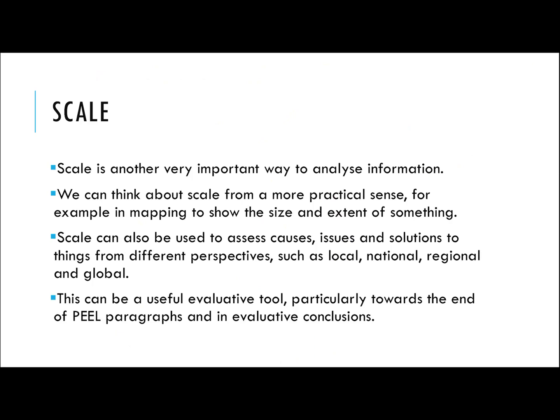But scale can also be used to assess the causes, issues and solutions to particular activities from a different perspective. So you can look at things from a local perspective, a national perspective, a regional perspective, and indeed a global perspective. This can be a very useful tool, particularly towards the end of PEEL paragraphs or indeed in evaluative conclusions, when we are looking at the different perspectives of things.